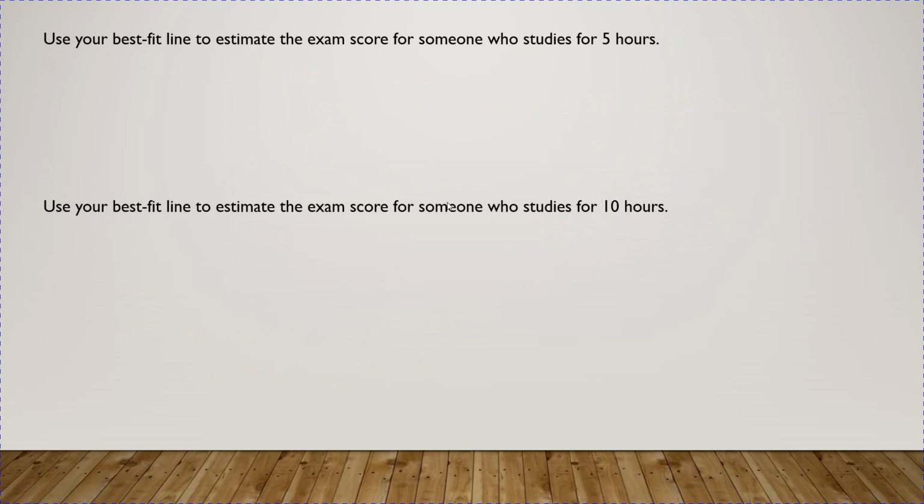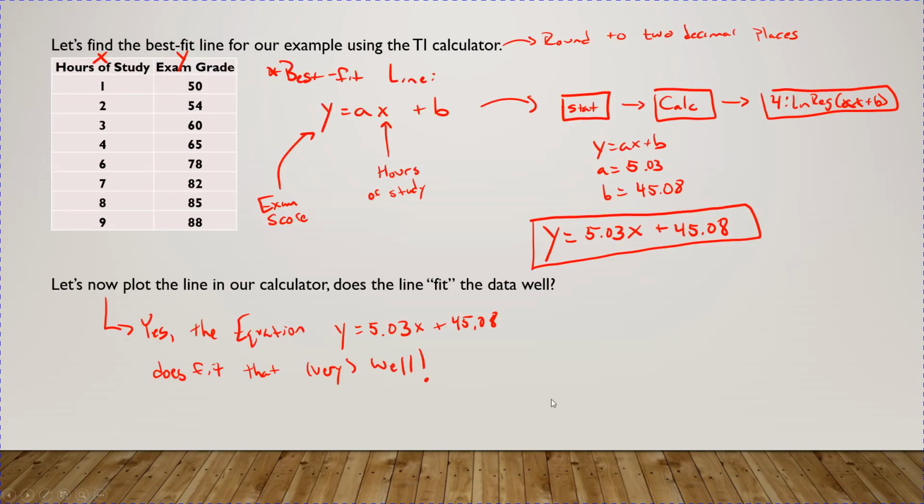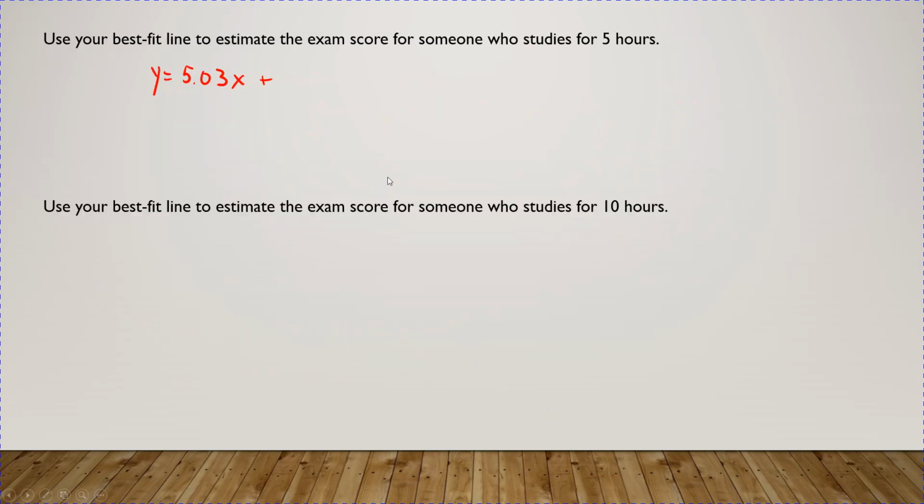So use your best fit line, as I said, to estimate the exam score for someone who studies for 5 hours. So this is what we have. Y is equal to 5.03x plus 45.08. Well, look, I'm telling you somebody is studying for 5 hours. Okay, so you're given the x variable.